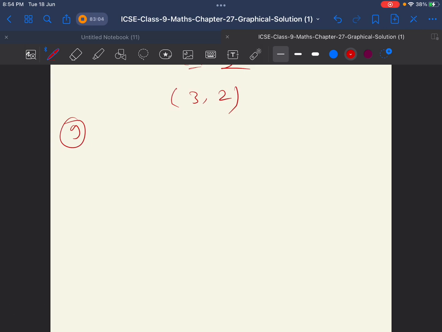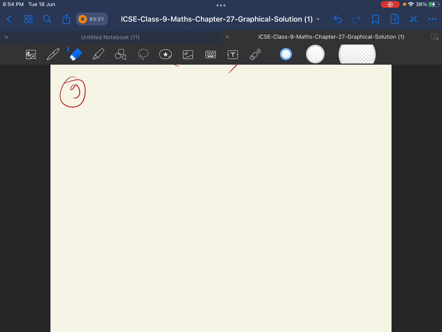Now let's start the next question, question 9. Draw the graph given by the equation x minus 3y equals 18. If the straight line drawn passes through the points (m, minus 5) and (6, n), find the values of m and n.